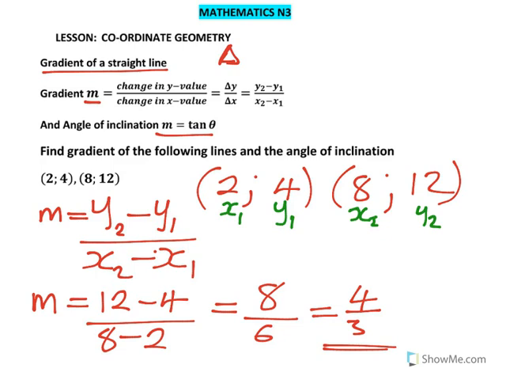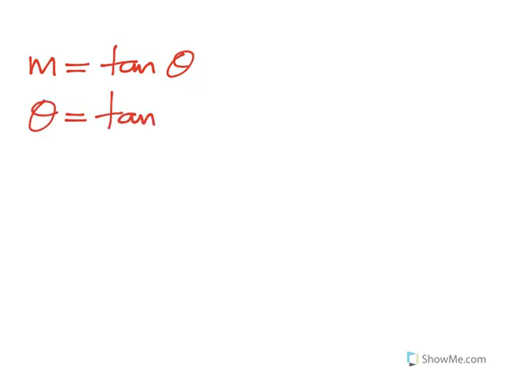The next thing we're going to look at is to find the angle of inclination. It says m is equal to tan theta. Now, how do you find theta, the angle? Theta is equal to arctan m.